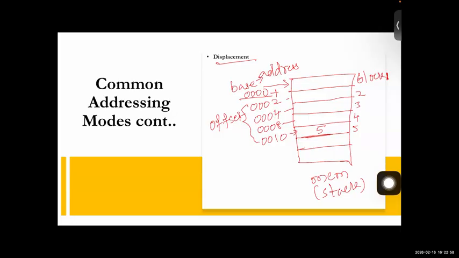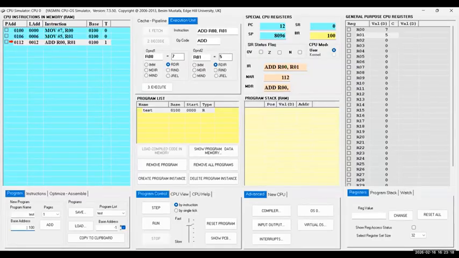Yeah, wonderful. So if we practically see on our simulation tool, you can experience which addressing mode we have here. For this program, we have given the base address 100.